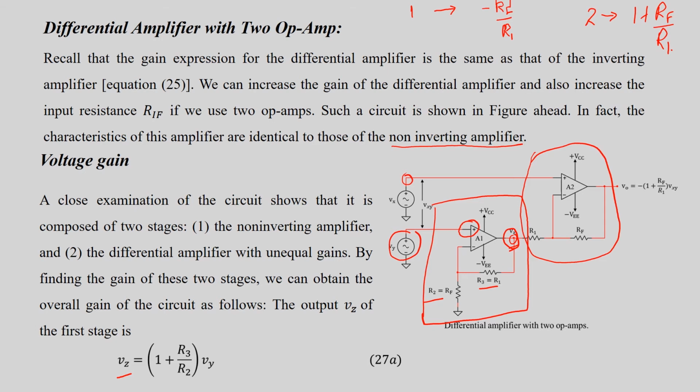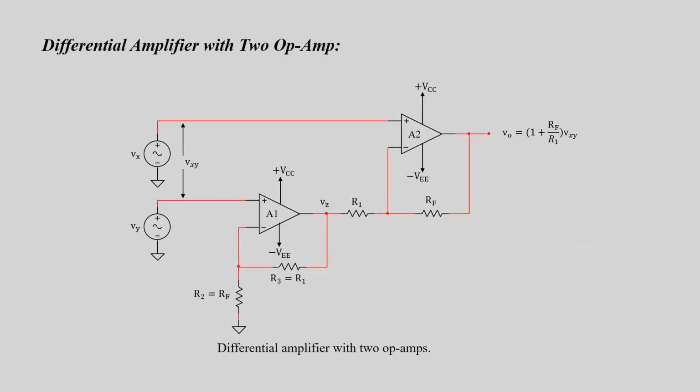This is the output of the first stage, which is acting as a non-inverting amplifier. So this is the circuit of the differential amplifier with 2 op amps, and you can see that we are trying to make the output voltage with gain equal to 1 plus RF by R1.